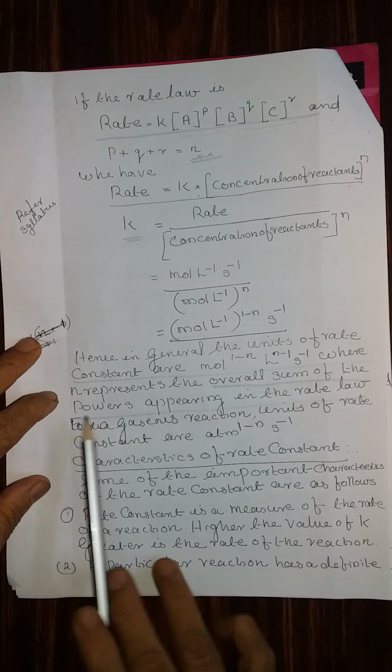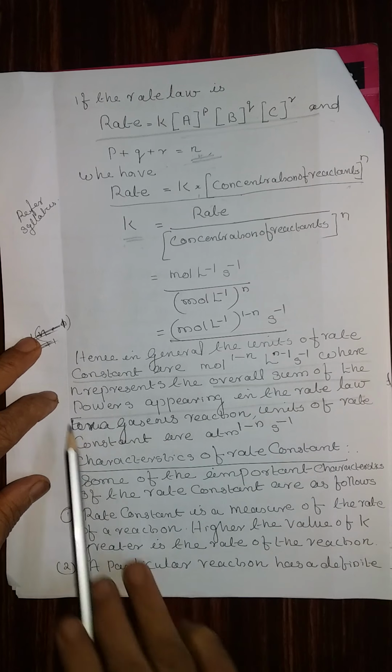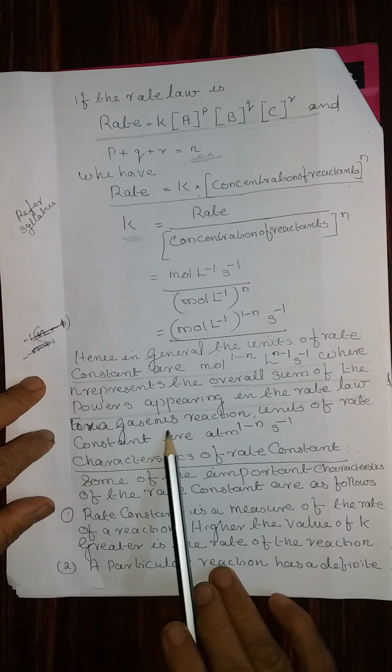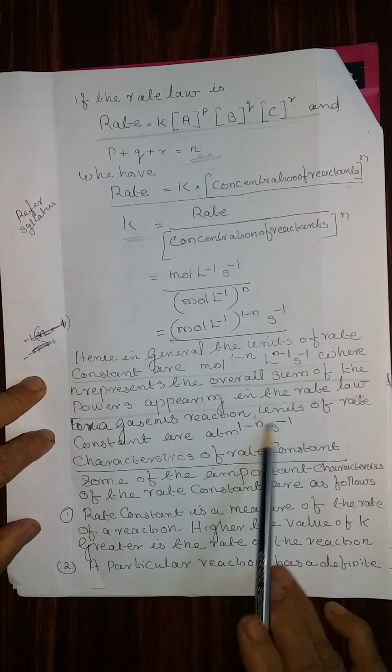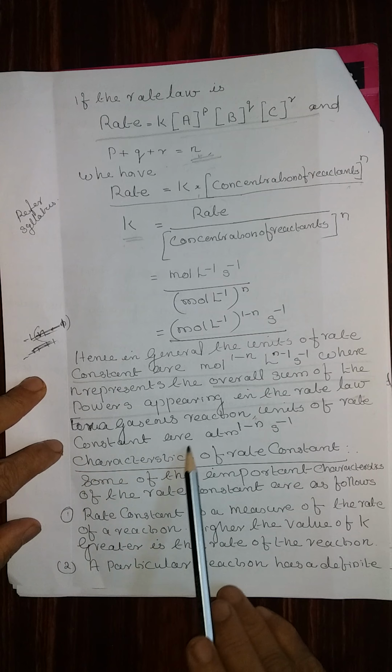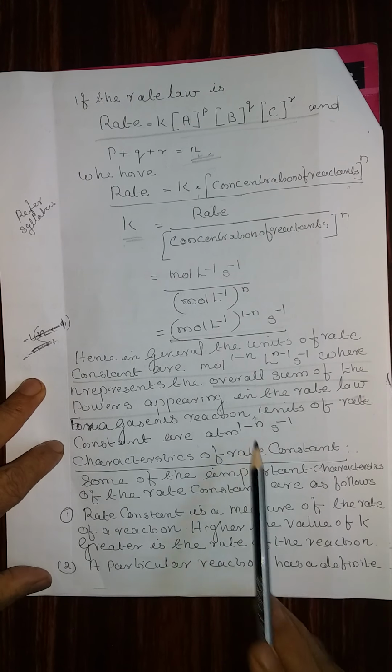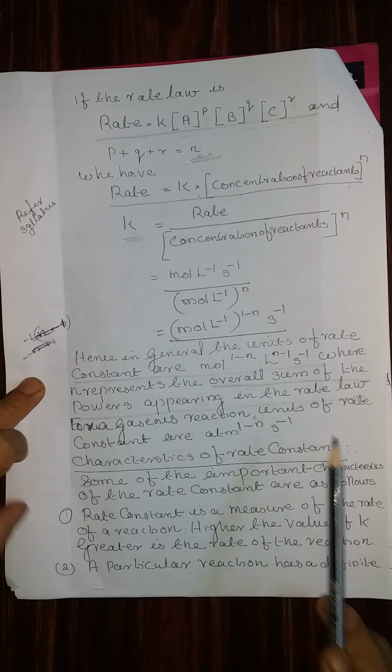This we are going to study in more detail. For a gaseous reaction, the unit of rate constant is atm^(1-n) per second.